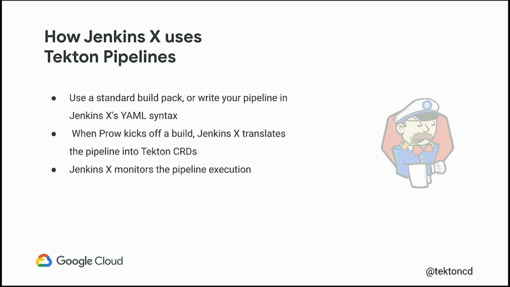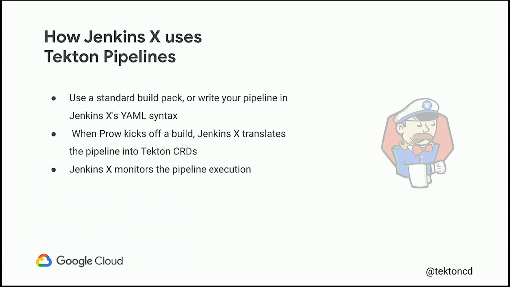I'm here specifically to talk about how Jenkins X is using Tekton pipeline. So a user is not actually going to necessarily know that they're using Tekton pipelines behind the scenes. We have our own ways of defining your pipelines in Jenkins X, either via a standard build pack or when you define your own pipeline using our YAML syntax.